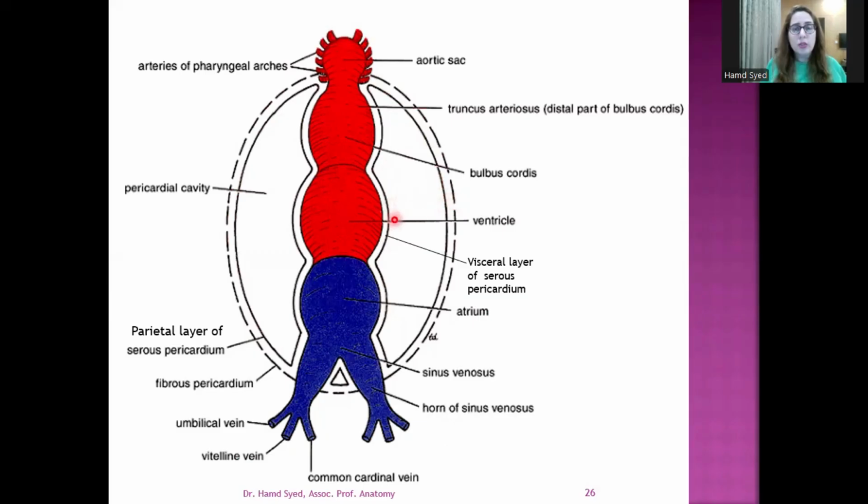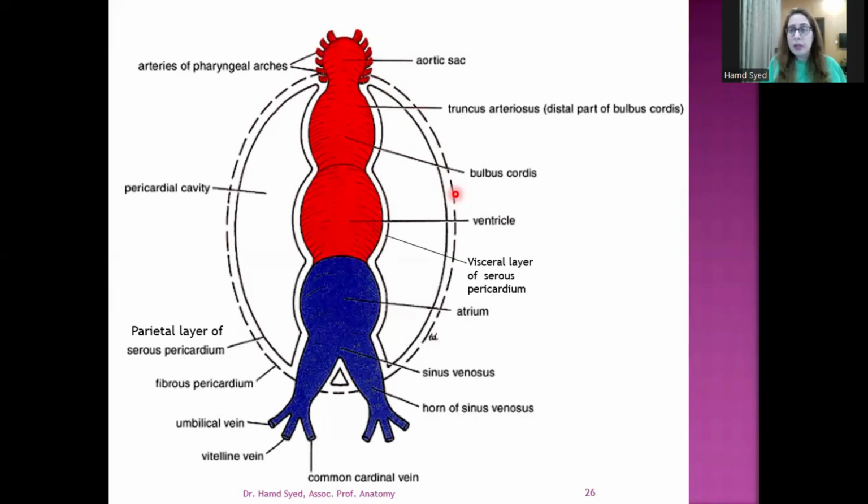And between these two layers is the space known as the pericardial cavity, which has a small amount of pericardial fluid. And on the outer aspect is the tougher fibrous pericardium. So this is the diagram which is showing us the parts of the heart tube in a craniocaudal sequence in early stages of intrauterine life.